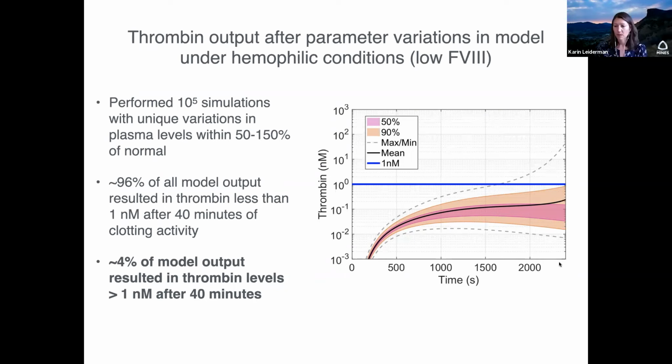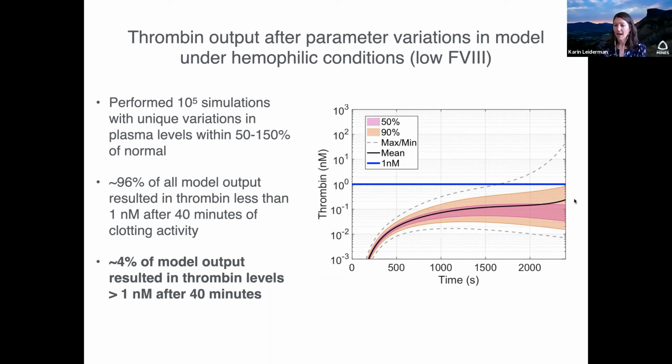Let me explain what this quantile plot is telling us. About 90% of all of those 100,000 simulations lie between this orange and pink region. So most of the simulations gave curves that lie within this range.